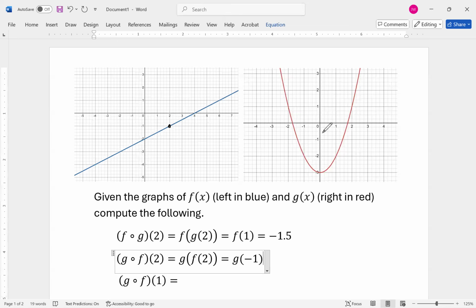And then when I put a negative 1 into my function g, I get out a negative 2. We're at that point there. And so g of negative 1 becomes negative 2. So g of f of positive 2 gives out a value of negative 2.